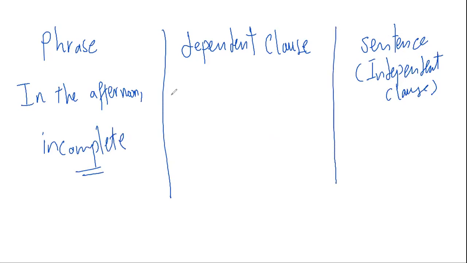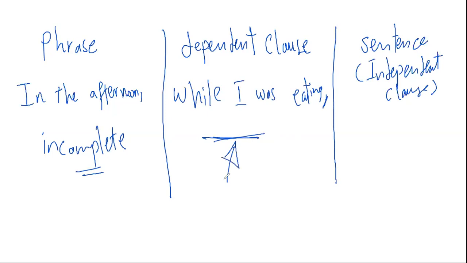Still dependent clause. For example, while I was eating, something happened, right? Comma. Something happened here. If I don't put it here, the meaning is incomplete. Independent clause or a sentence is when I complete this meaning. While I was eating, comma, what happened?